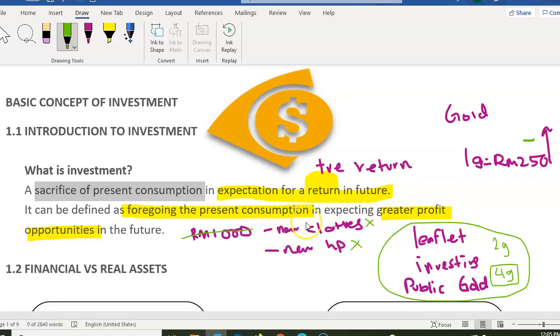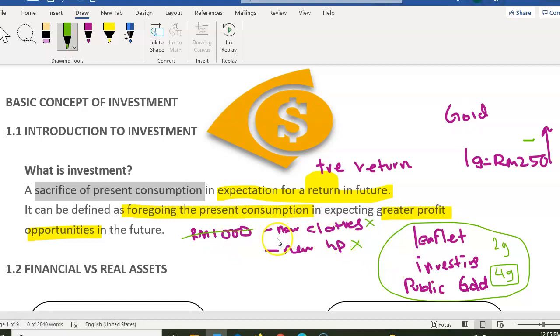Kita kira macam ini adalah consumption. Kalau kita guna duit 1000 ni hari ni, beli baju baru, beli new handphone, itu adalah consumption. Kan? You dah guna dah. So this whole 1000 will be no longer available.